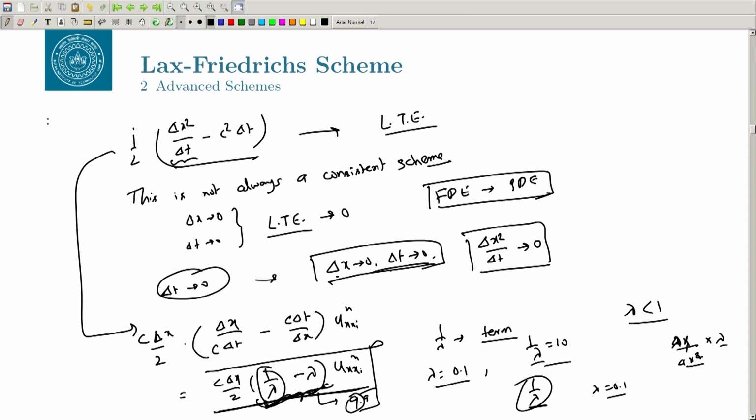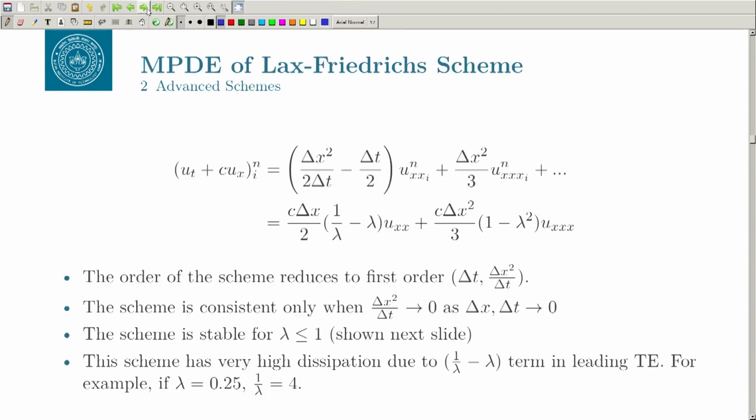If you start with this sine wave, you will get a solution like this. It is completely dissipated. This is another property of the Lax-Friedrichs scheme. So if you want to use this scheme, use a lambda value as close to 1 as possible, let us say 0.9 or 0.95, so that this 1 by lambda value does not go very high.